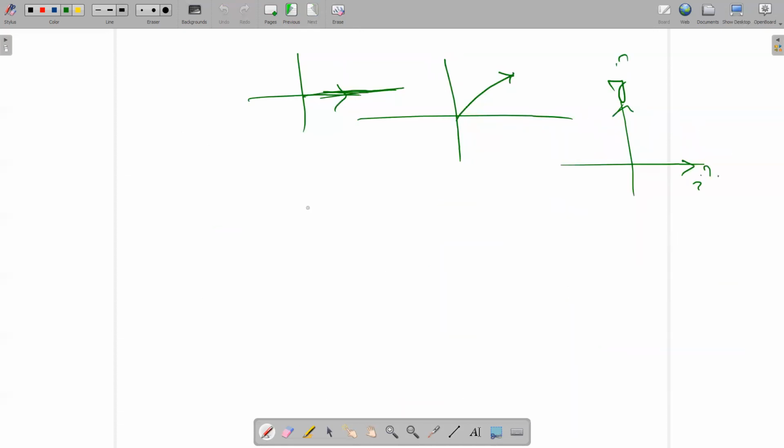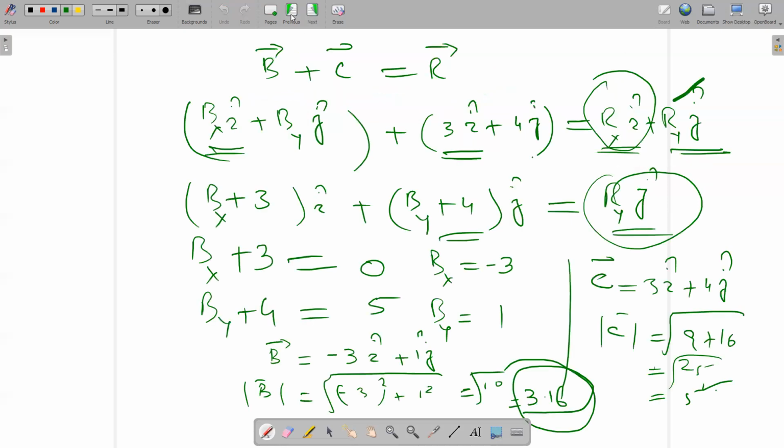Okay, so what about the Ry also? How could we know the value of Ry? Yes, how could we know it? There are 2 conditions given. First condition is this one: the resultant R is along the positive y direction. That is 1 condition.